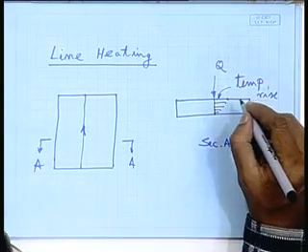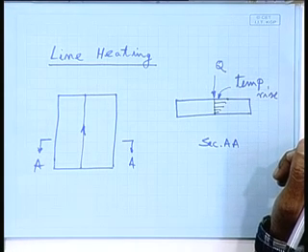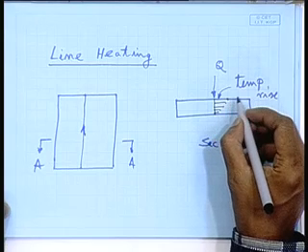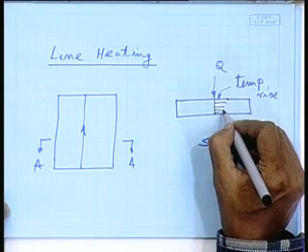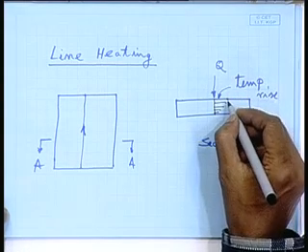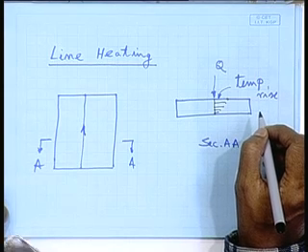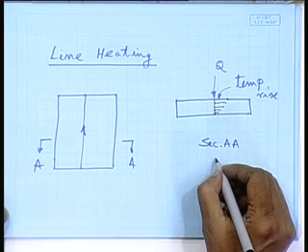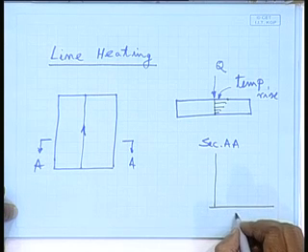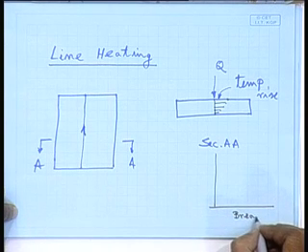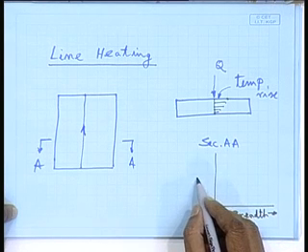So what we will obtain is a temperature gradient on the plate. What I am trying to tell you is that over the entire surface there will be a temperature distribution, right. So if I plot that, this is my breadth of the plate, and this is my temperature.